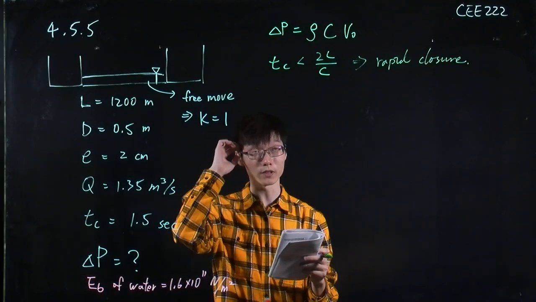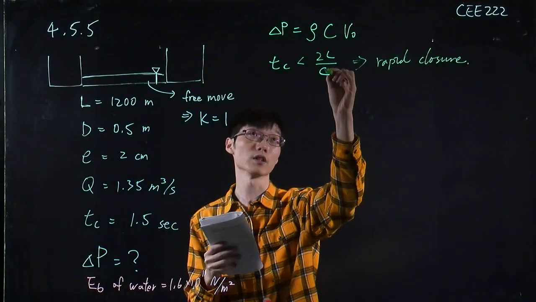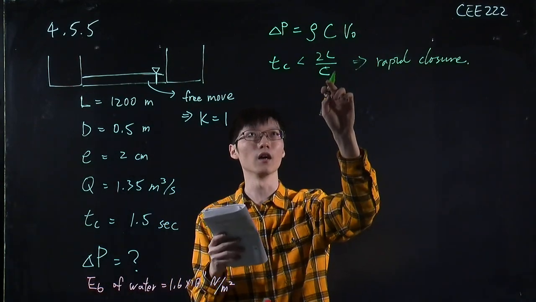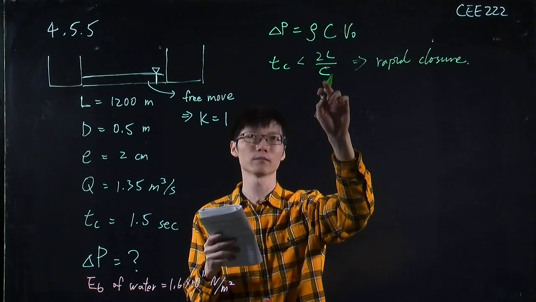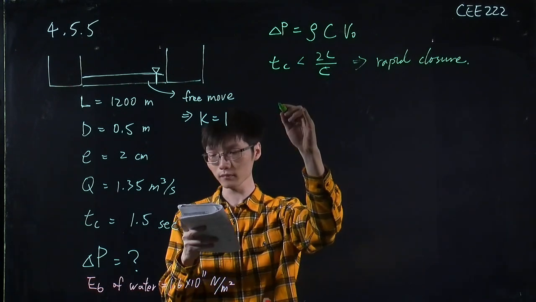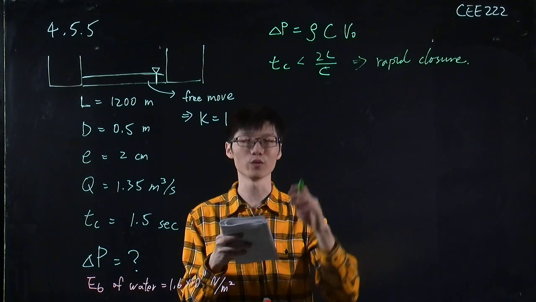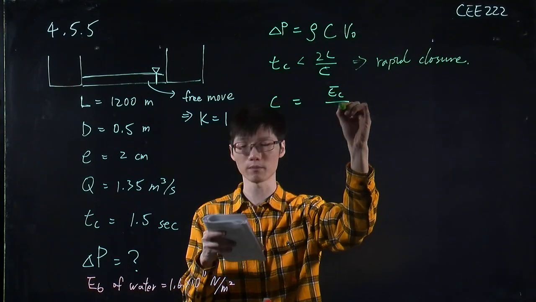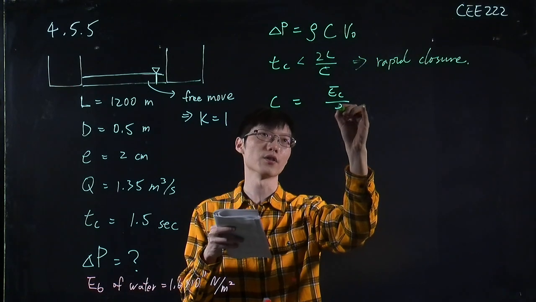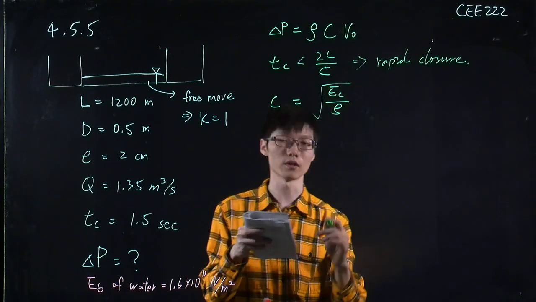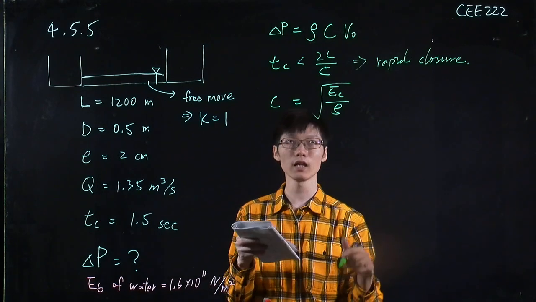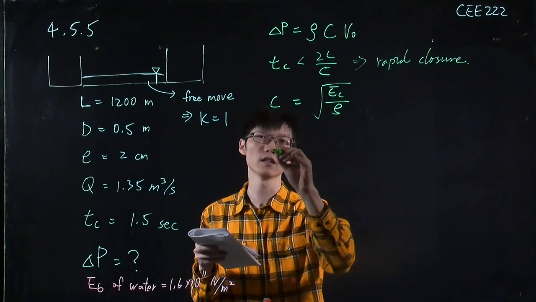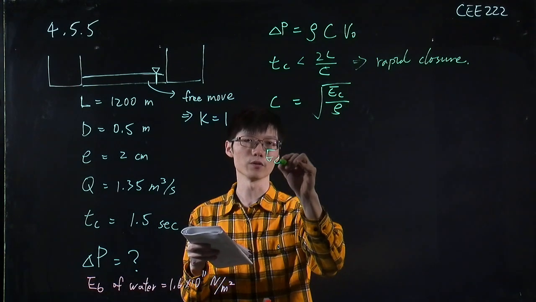So we want to first calculate that. To do that, we need to calculate the speed of pressure wave. We also know that the speed of pressure wave, C, is equal to the square root of EC divided by rho. And to calculate this EC, we will use this equation.